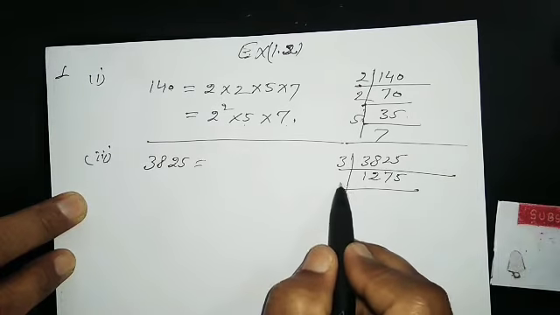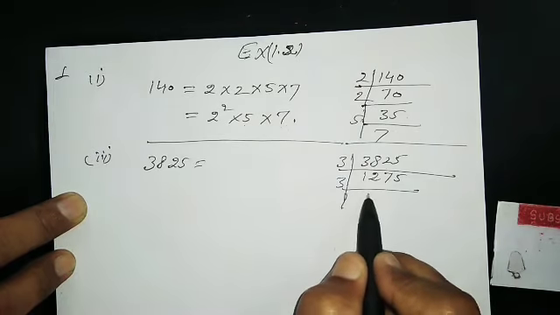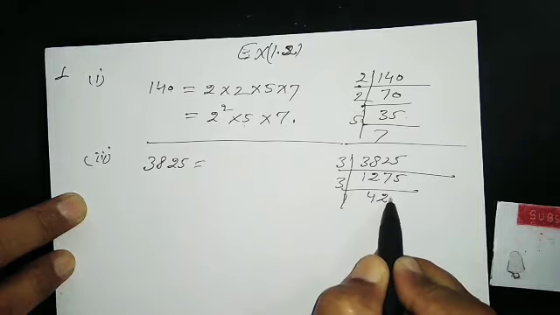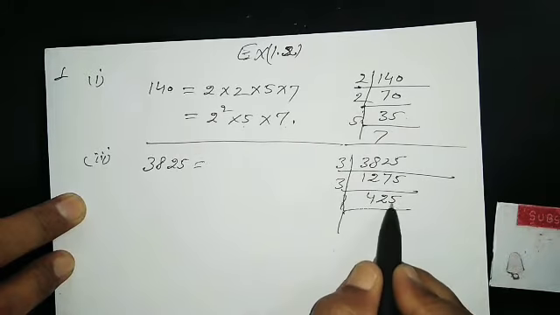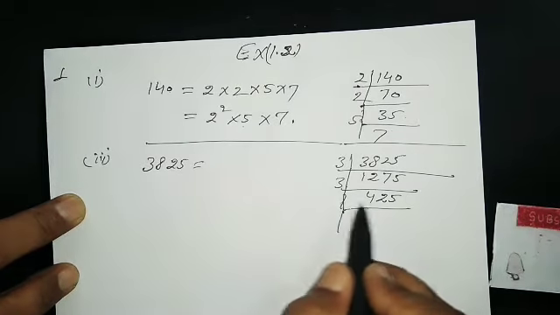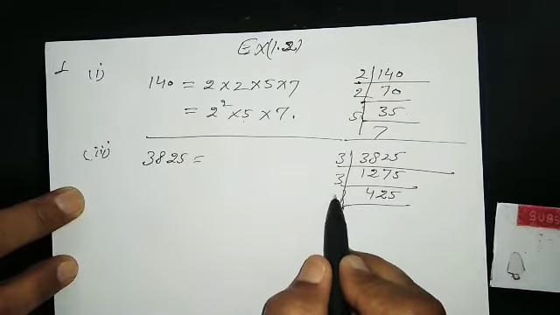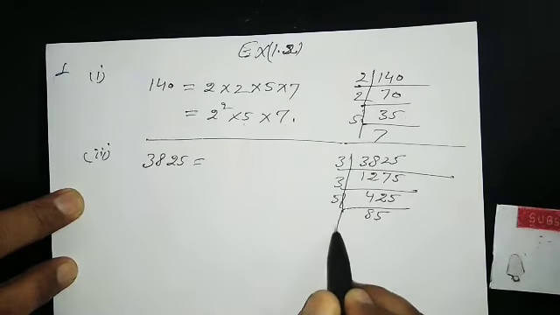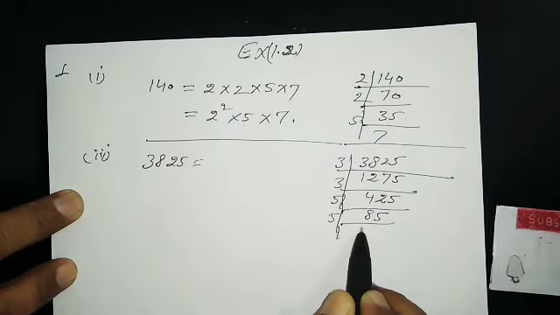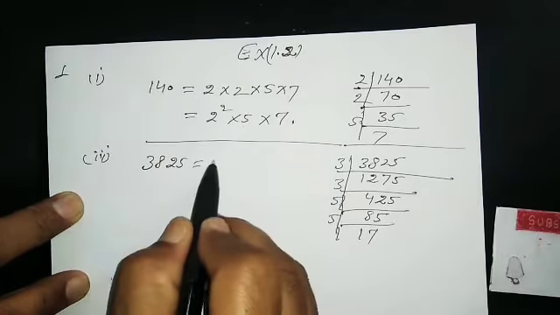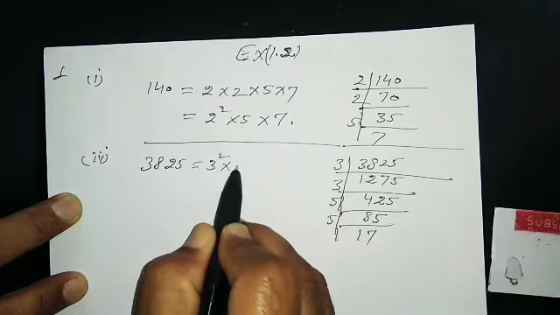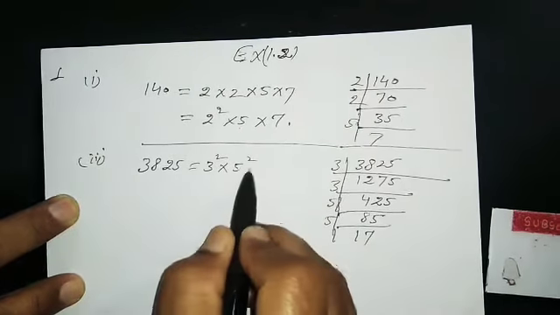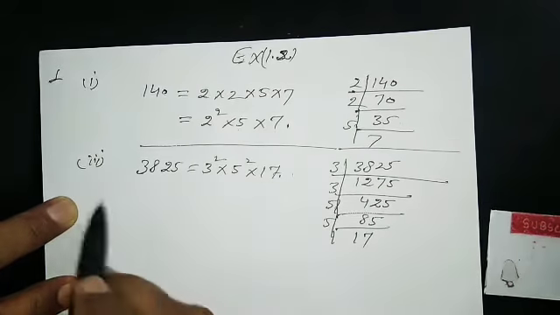Again you see that it is divisible by 3, giving 425. 425 is not divisible by 3, and you can take 5. 5 times 85, again 5 times 17. So this can be written as 3, 5, 5 and 17.